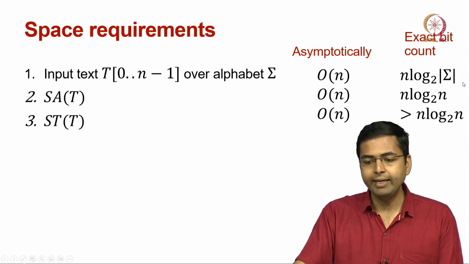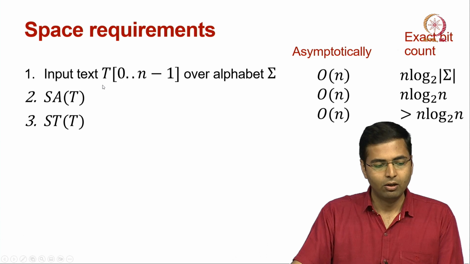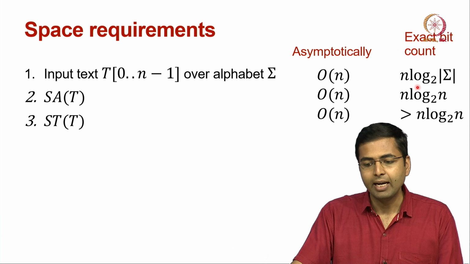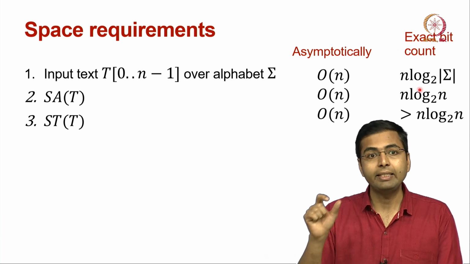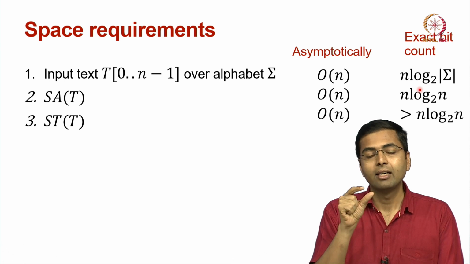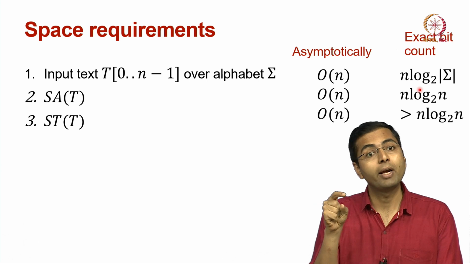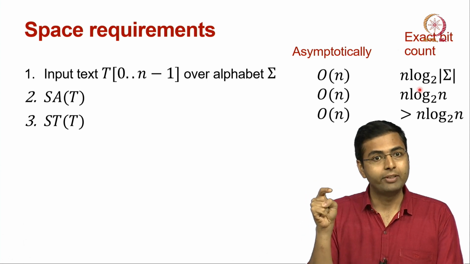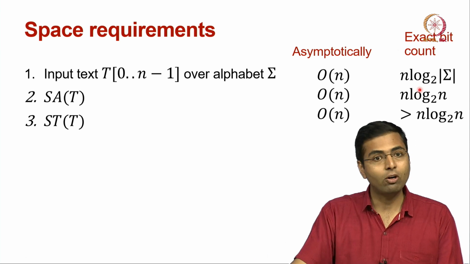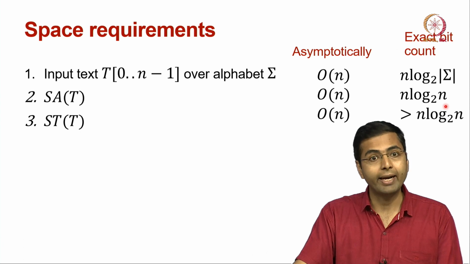For the suffix array I need n log n bits, because each element of the suffix array is an integer, and the suffix array is a permutation of numbers ranging from 0 to n minus 1. Therefore, to represent each integer I need log n bits. We discussed in the previous lectures that the suffix array takes n log n bits.